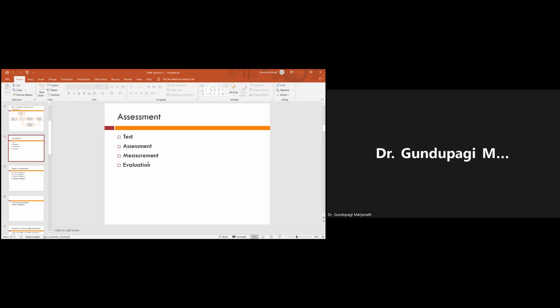For example, when we talk about rubrics, why do we use rubrics? Because in the rubrics you will find different criteria and descriptors. These criteria will help us to judge the student's performance. So test, assessment, measurement, evaluation are the important elements of the language of assessment. We call this the language of assessment.